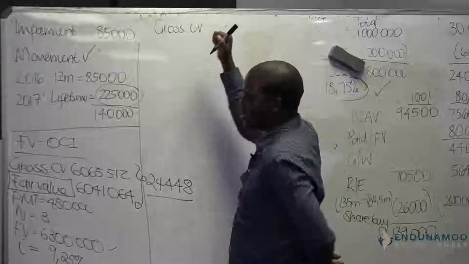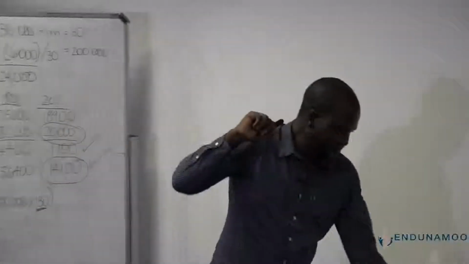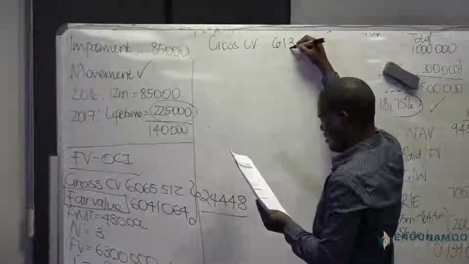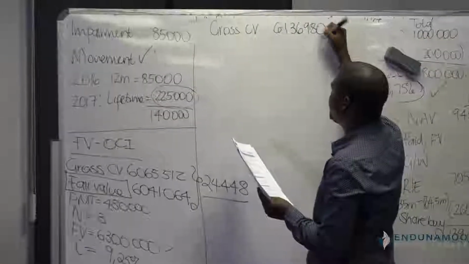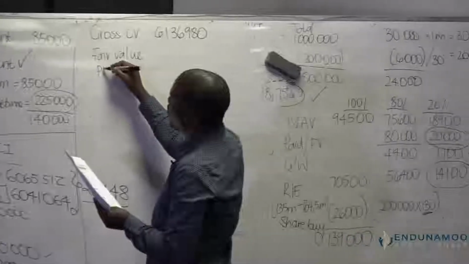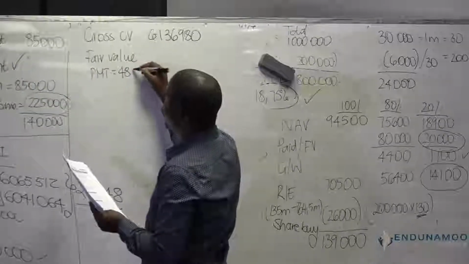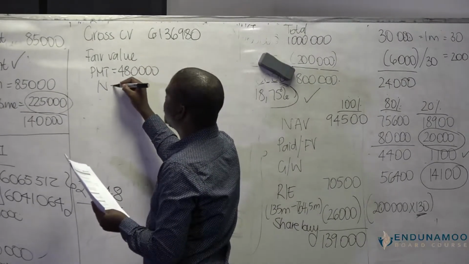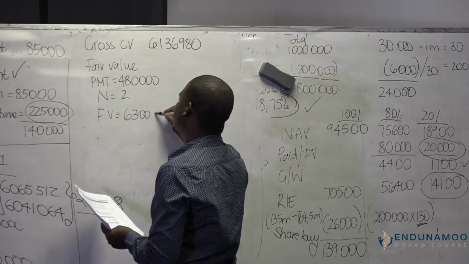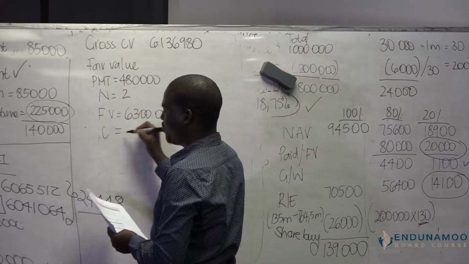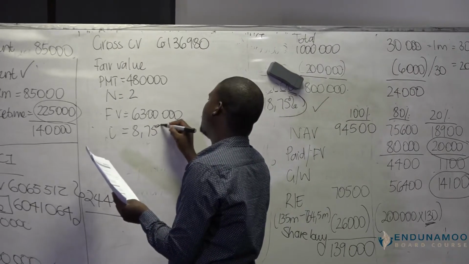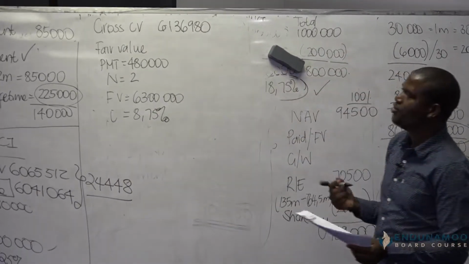Gross carrying amount is given as 616,136,980. Fair value is going to be PMT 480, N of 2, and then future value 6.3, right? And I is 8.75. There we go. Then what is the new future value?